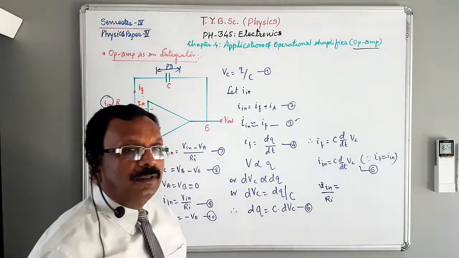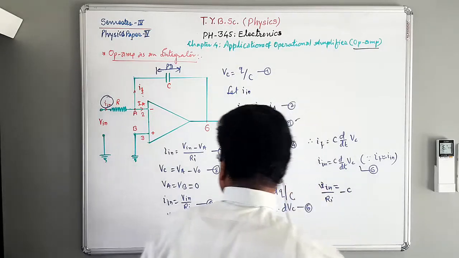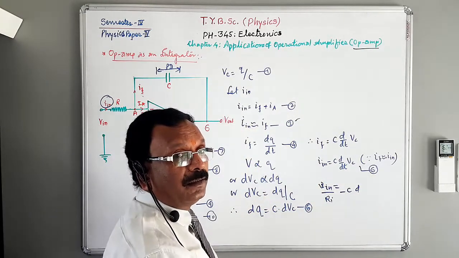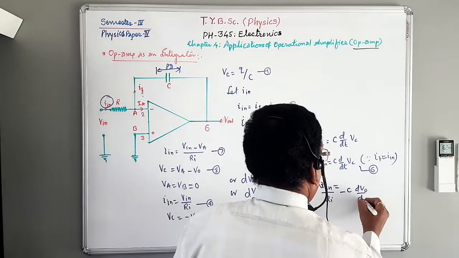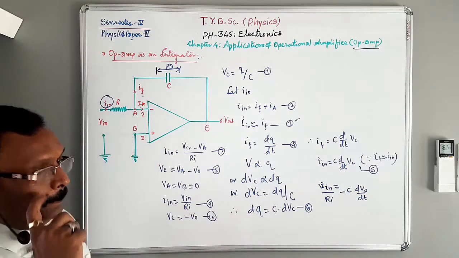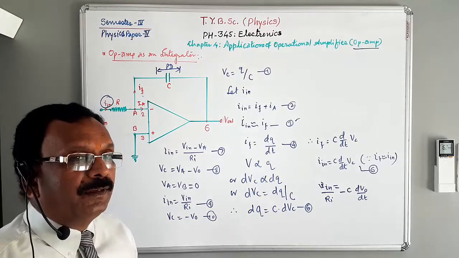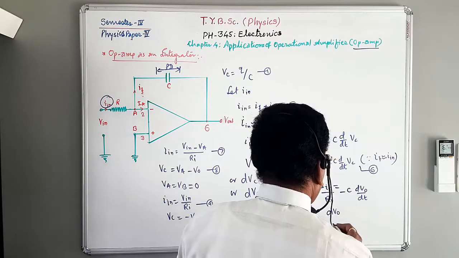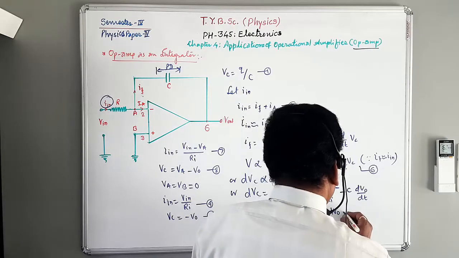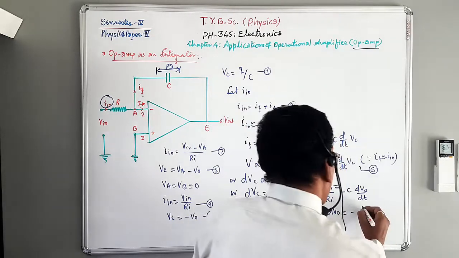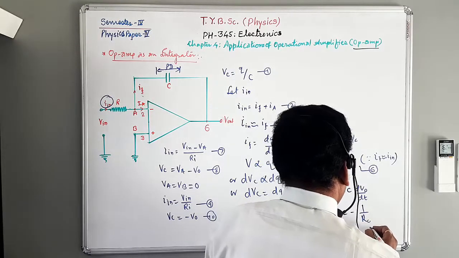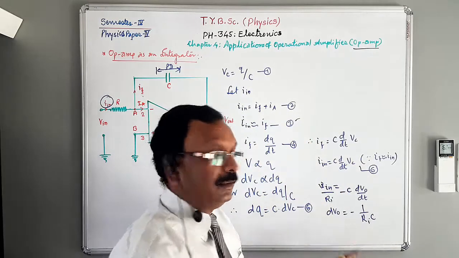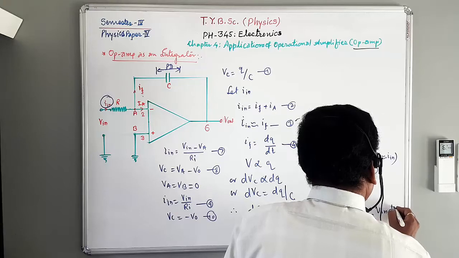Okay, minus C dV0 by dt. Or rearrange this equation: dV0 is equal to minus 1 upon RI into C, correct, VIN dt.